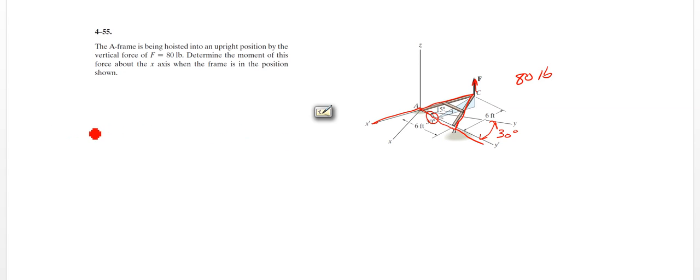So our plan here: step one, we'll find a unit vector for the x direction in terms of x prime and y prime. Step two, we will find our position vector.